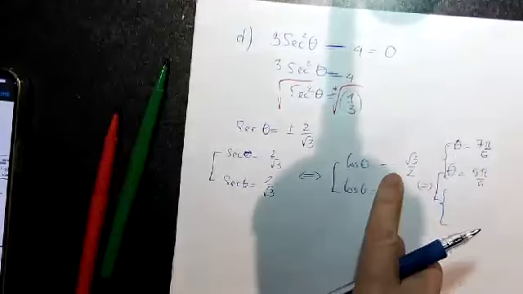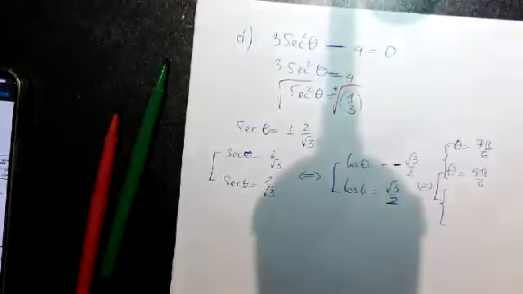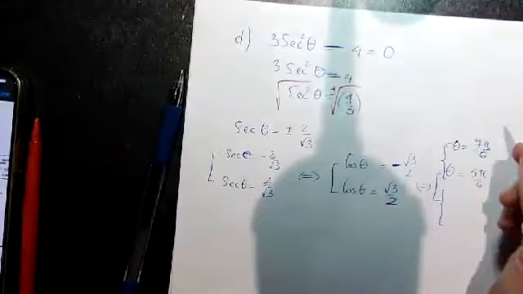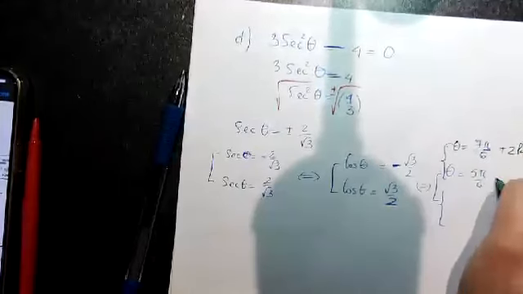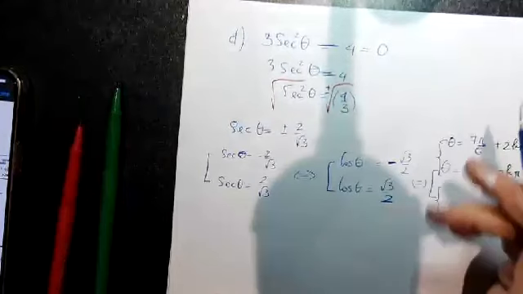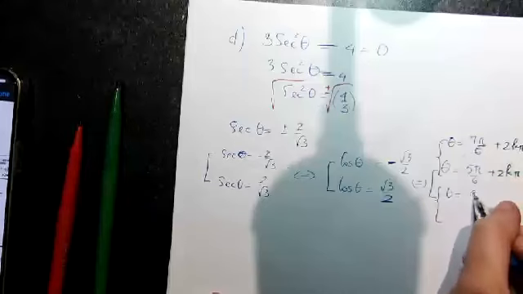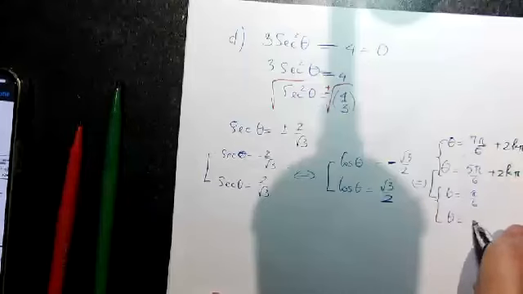I'm talking about the negative case here first. And all you do is don't forget to add 2 pi n here. For the positive one, theta must be first of all pi over 6, and then the other one will be 11 pi over 6.